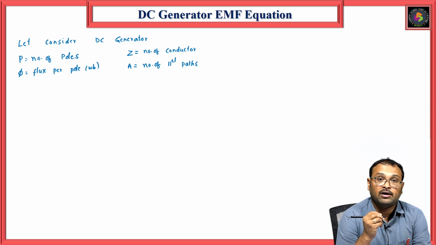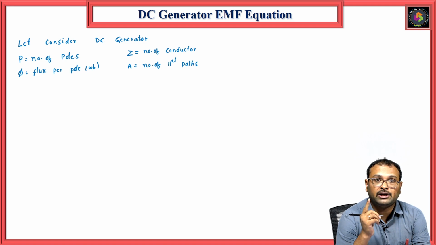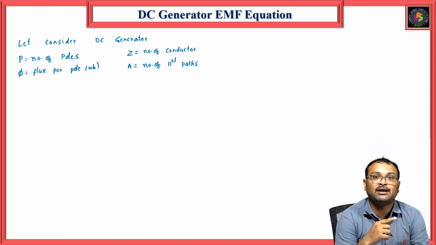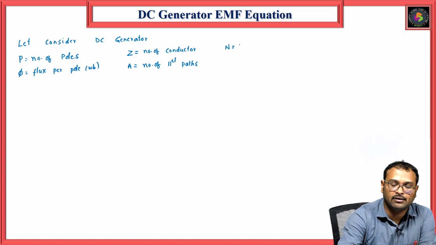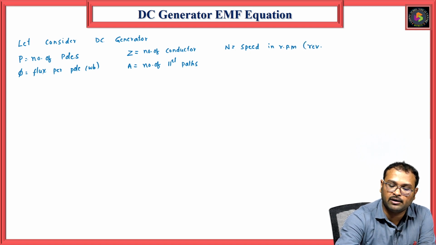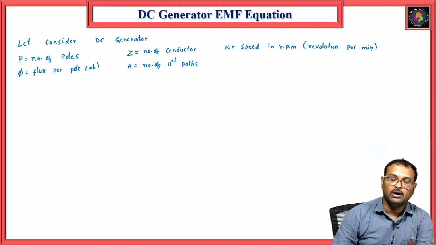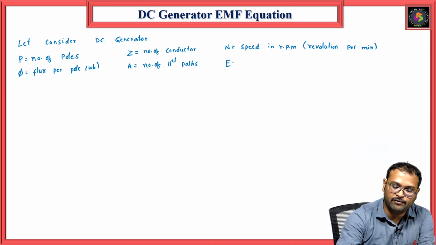Along with this, there should be some motion, since we give mechanical energy because the armature has to cut the flux. We consider that the armature is moving with a speed of N, where N is the speed in RPM, revolutions per minute. Finally, we consider the EMF induced in the generator to be E.